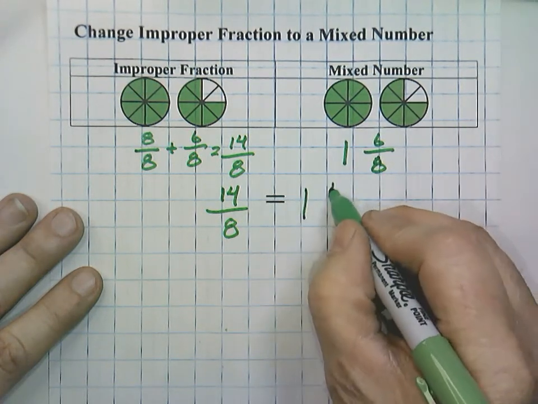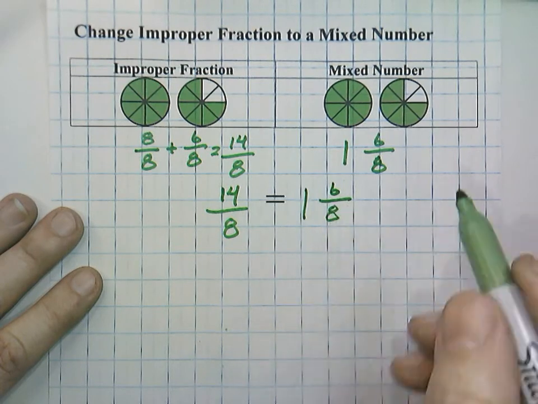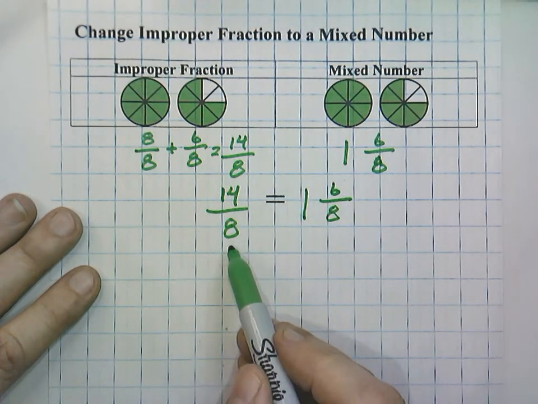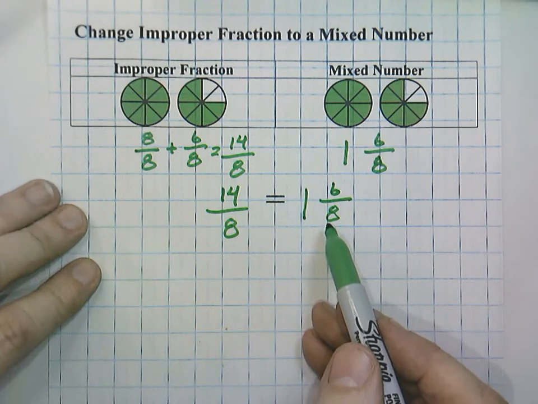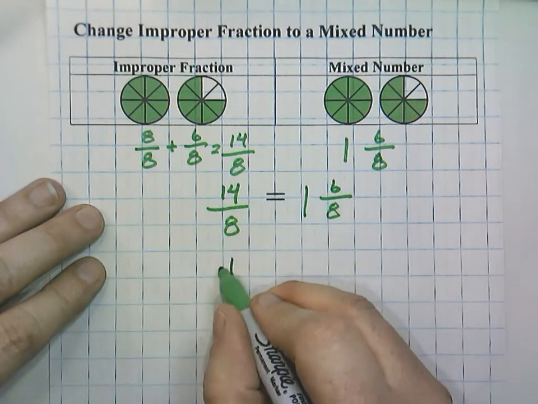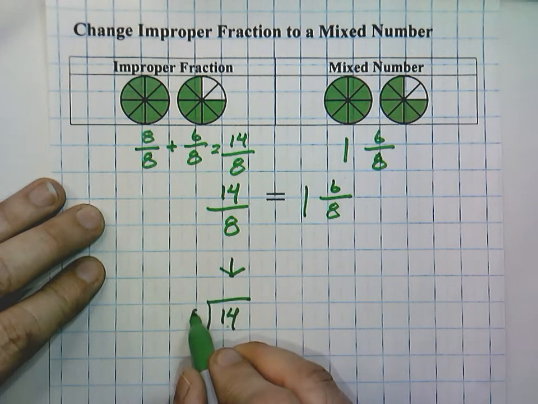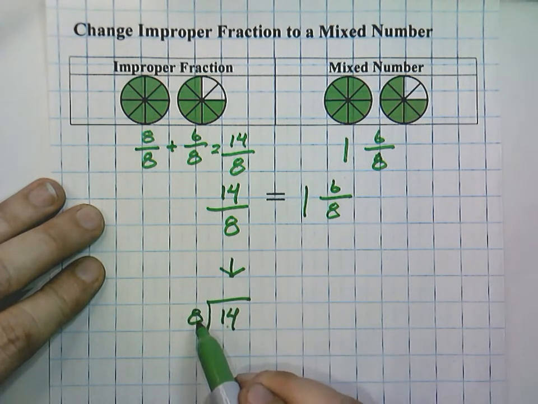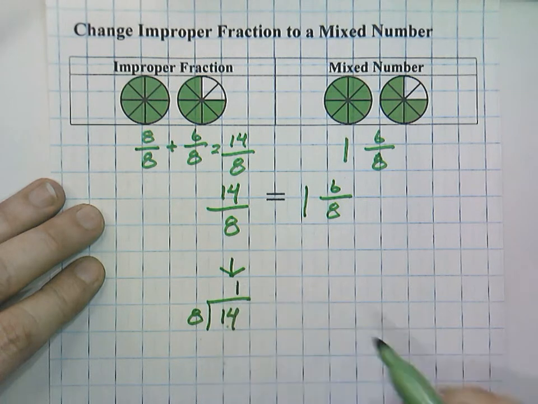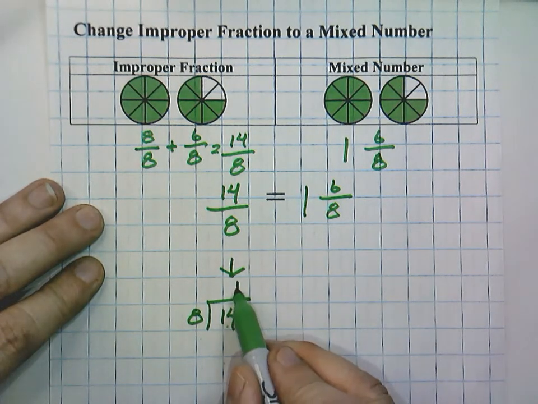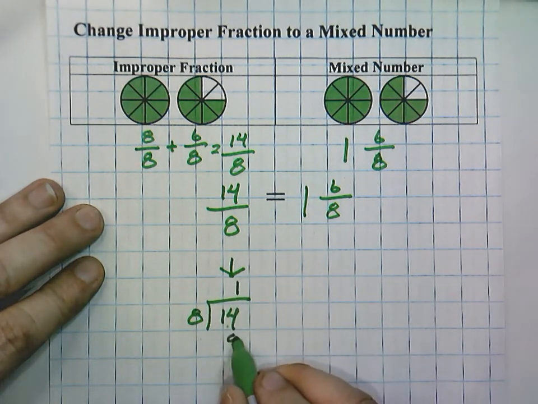So we know that they're equal, but the question is, how would we change an improper fraction to a mixed number? And we're going to divide to do that. It's going to be the 14 divided by 8. 8 goes into 14 one time. And then if you remember your steps, 1 times 8 is 8.